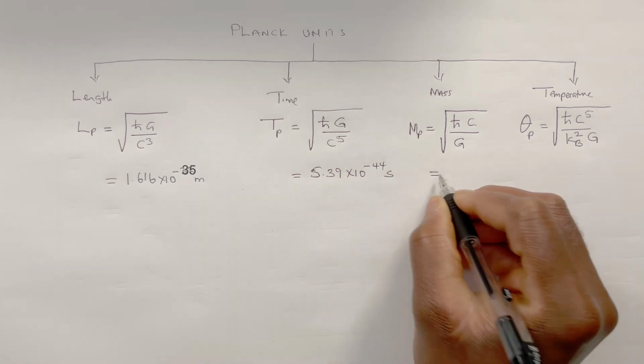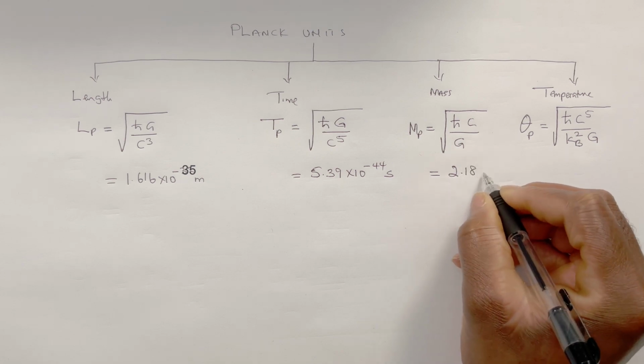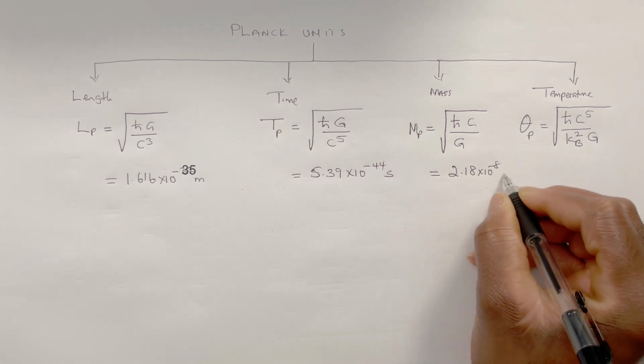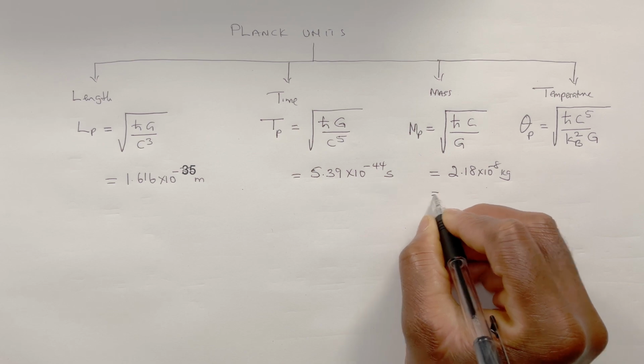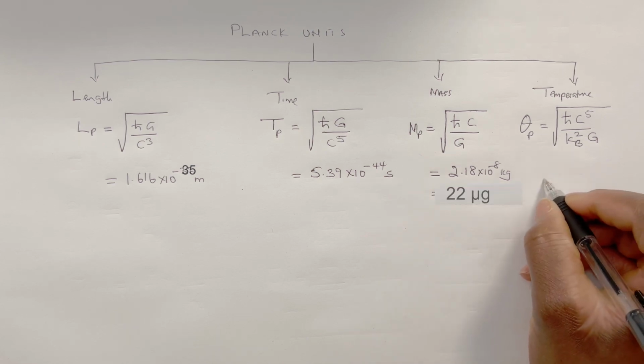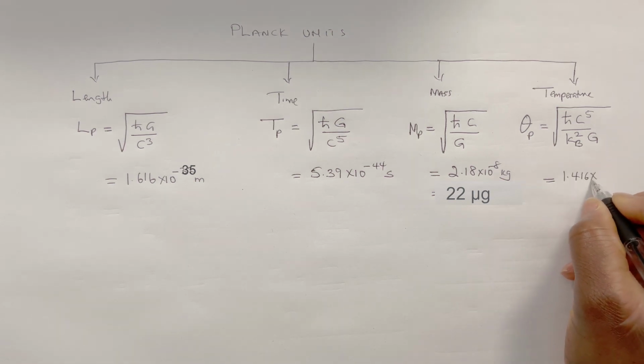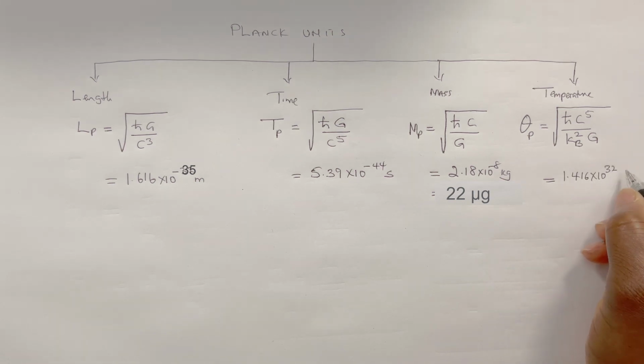And for Planck mass, which is 2.18 times 10 to the power minus 8 kilogram, and that is 2.2 microgram, and the Planck temperature is 1.416 times 10 to the power 32 Kelvin.